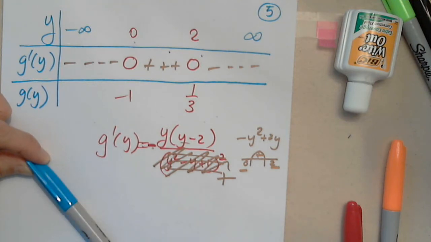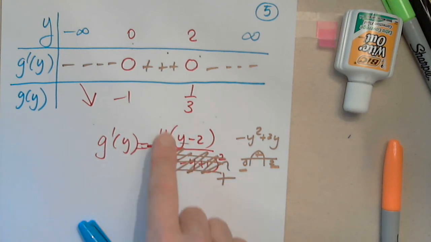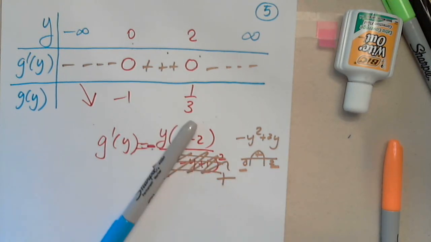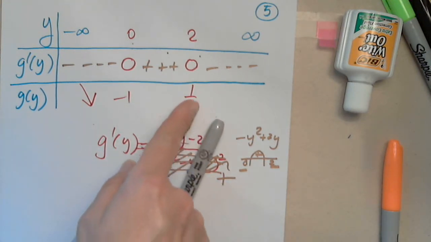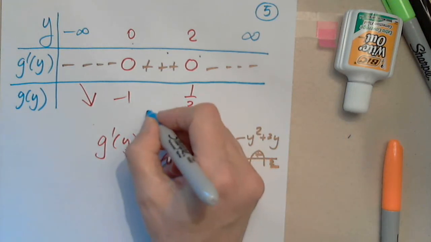It decreases. What does the function do when the first derivative is positive? What does it do for the slope of the tangent line to be positive? Increases. Very good.